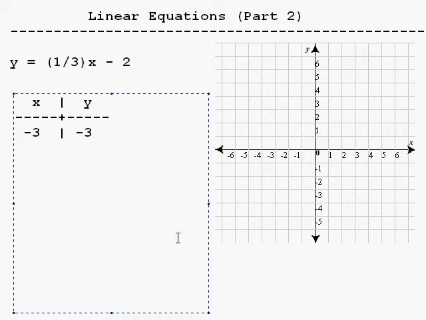We're going to do certain values for this to show something. If I plug in 0, I get negative 2. If I plug in positive 3, I get negative 1. If I plug in positive 6, I get 0.